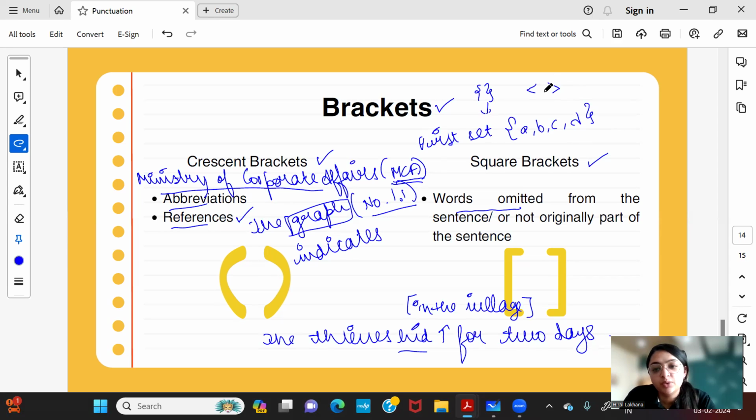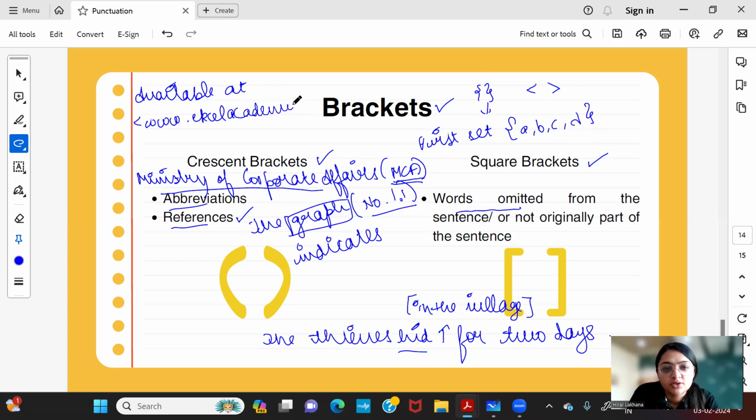For example, if we want to include any code or any name of a website, you can say these classes are available at www.excelacademy.com. Here a website is introduced; this is not the English language but a coding language where we have the website mentioned. That can be mentioned in the form of the angle bracket.